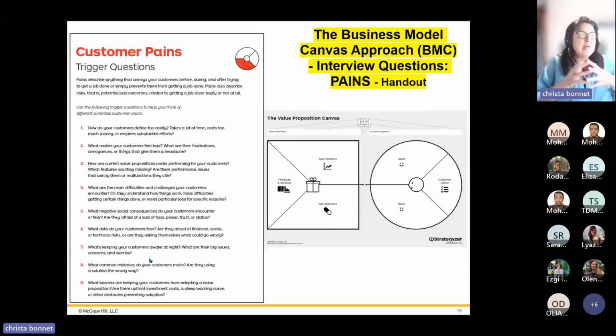So what you need to go and identify, take your highlighter, identify which questions resonate with you, what would work for you. Then you make a list of which ones go in gains, which ones go in the circle in pains, which ones in customers.